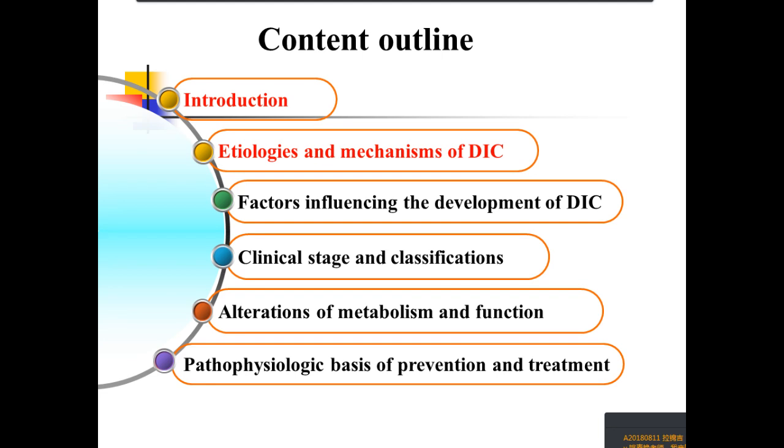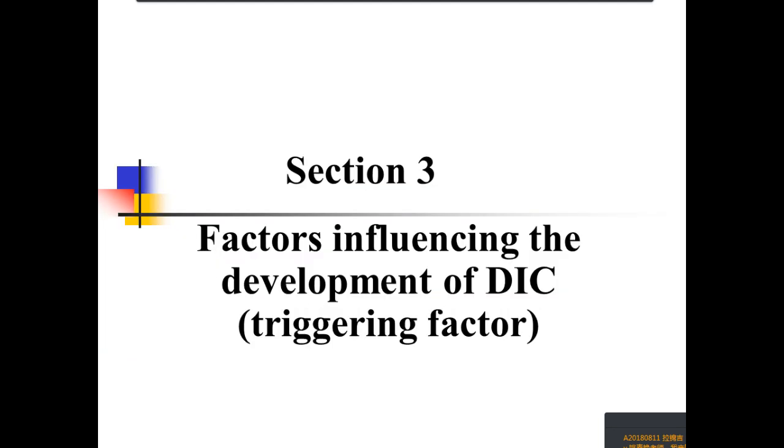The next, we will learn the factors influencing the development of DIC. Now, factors influencing the development of DIC are also called triggering factors. Triggering factor, not etiology. Understand? Now, no etiology, no disease.